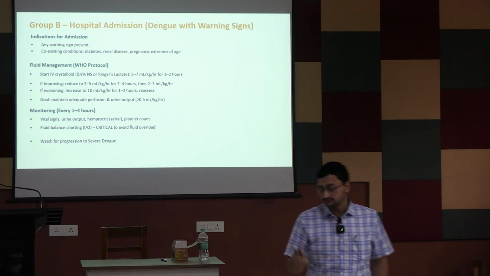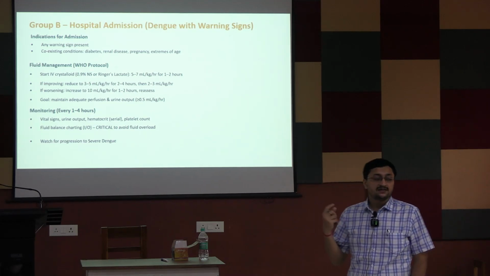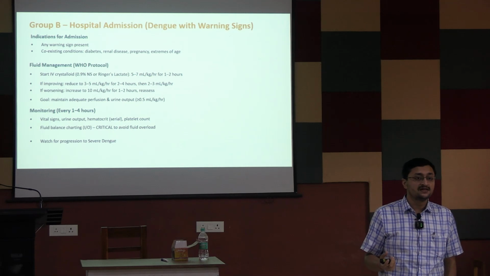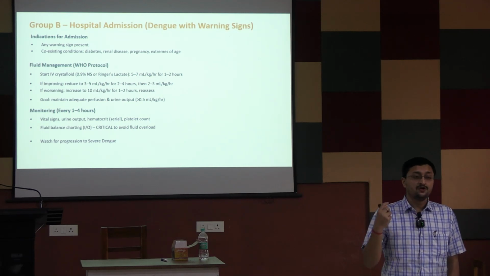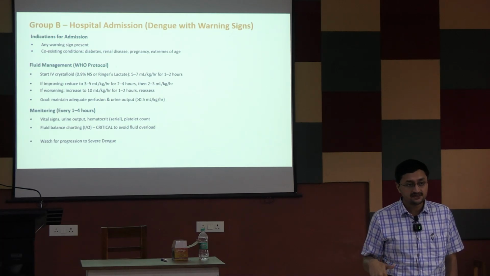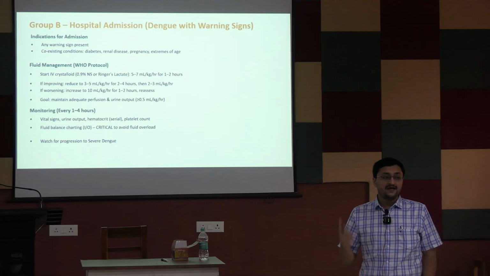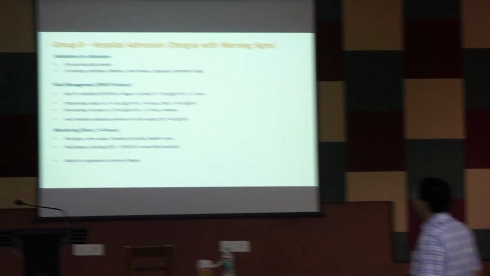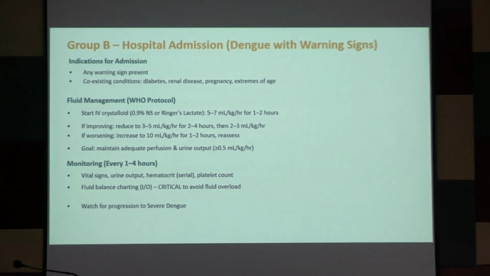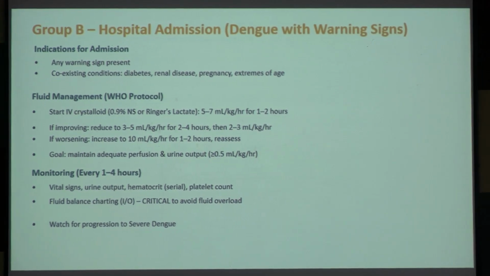First, in case of moderate dengue, IV crystalloids. What are the crystalloids? Most commonly used crystalloids are Ringer lactate and normal saline. You can use any one, NS or RL, okay. Give 0.9% NS or Ringer lactate in IV form, 5 to 7 ml per kg per hour for the initial 2 hours. Next you have to assess, as I have already mentioned.